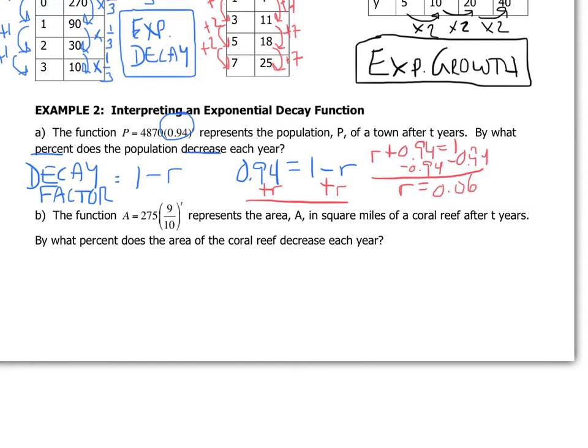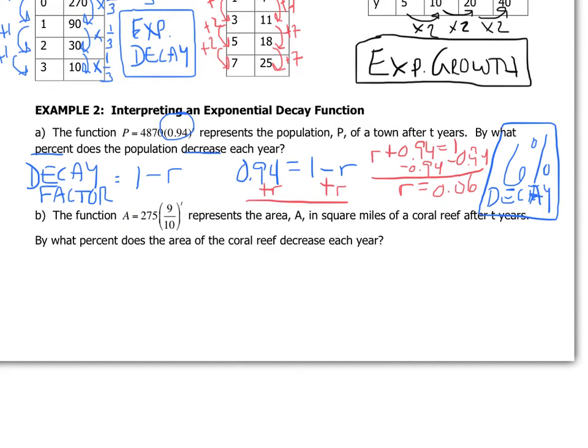Now 0.06 is our rate. However, our rate is always a decimal. So to get the percent, which is what we were asking for, is simply turning 0.06 from a decimal into a percent. So we get 6% decay each year.